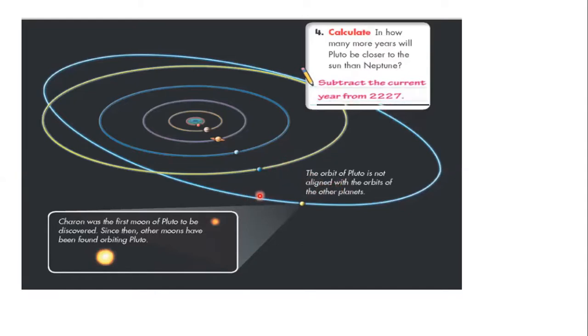All the outer planets are aligned together here, but the orbit of Pluto is not aligned with the orbit of the other planets. Charon was the first moon of Pluto to be discovered. Since then, other moons have been found orbiting Pluto.